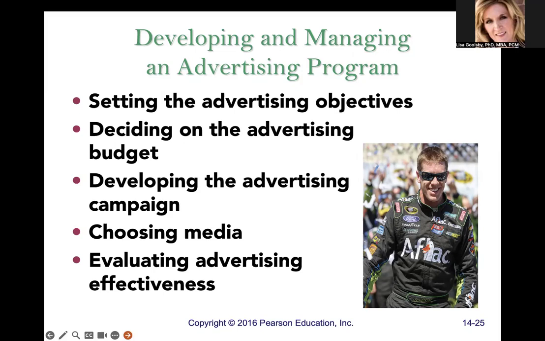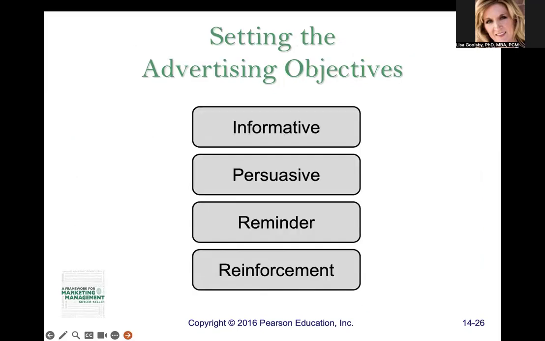And that right there tells you really important to understand our consumer. And finally, we evaluate how effective was the message. Some common advertising objectives, we already talked about these at the very beginning. We want to either inform, persuade, or remind, and in some instances, reinforce what they already know about the product.